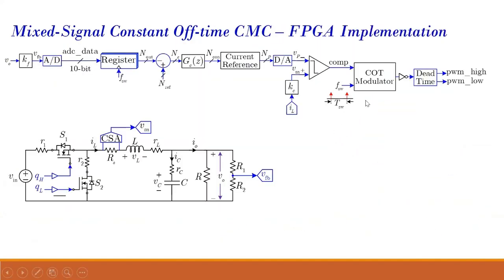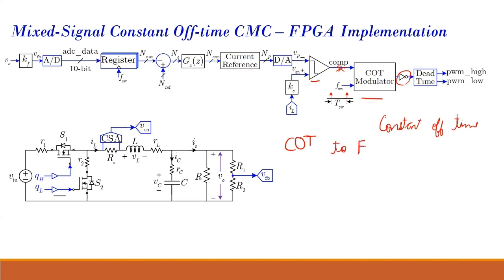Similarly, using the constant on-time modulator block and these comparators, you can also implement constant off time. You just have to make certain inversions. Here in the constant on time, this not was there, but now this not is not there, so you can easily transition from constant on time.